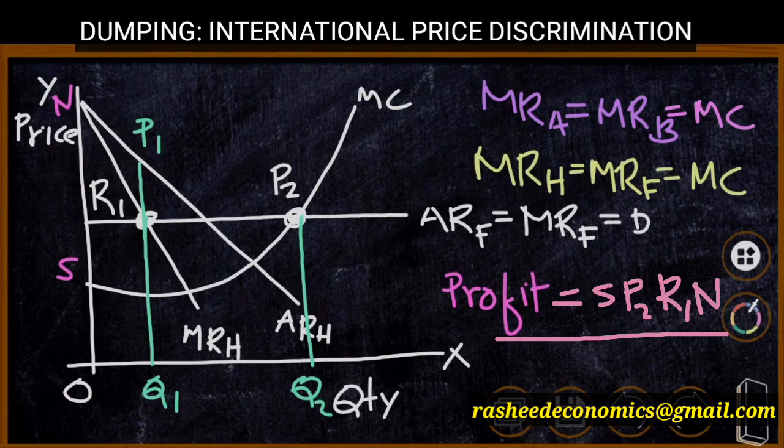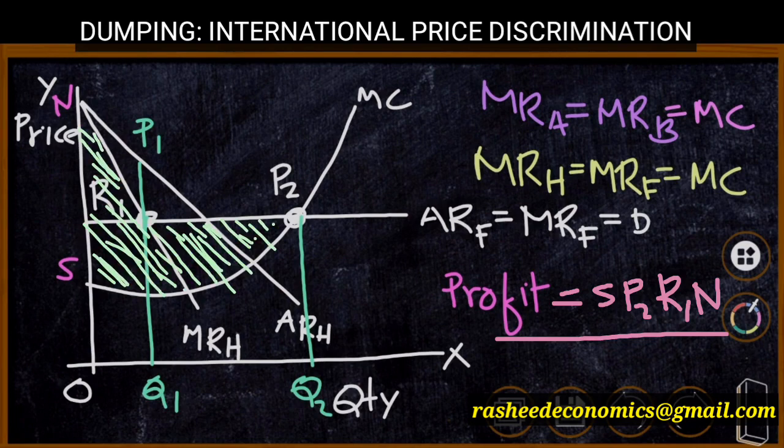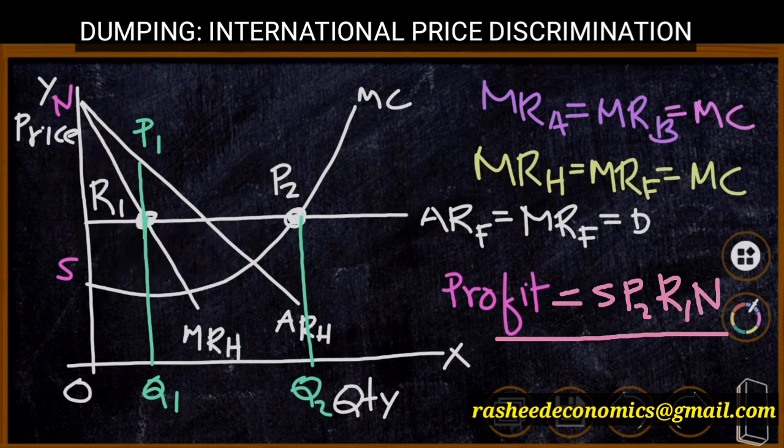The area SP2R1N, this shaded area, is the total profit enjoyed by the monopolist through the process of price discrimination. Through international price discrimination, the monopolist charges the higher price Q1P1 in the home market and the lower price Q2P2 in the foreign market.